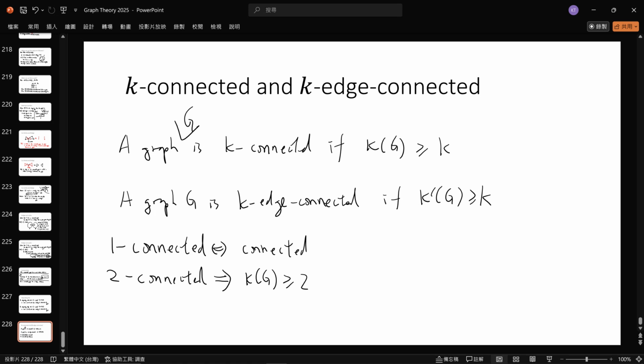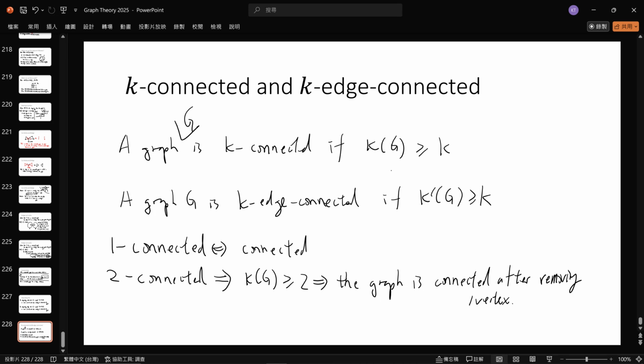In other words, if you only remove 1 vertex, the graph is still connected. Okay, and this vertex can be any vertex, so no matter which vertex you remove, the graph will still be connected, if it is 2-connected.